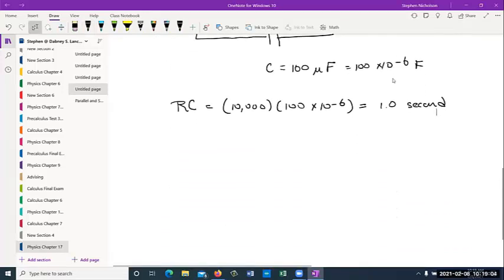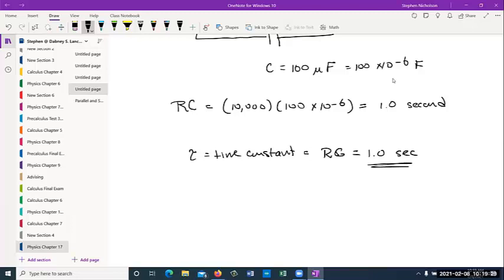So this product of the resistance times the capacitance is called the time constant. What the time constant does is it tells us in general how quickly things occur. So our time constant is R times C. That's how you calculate it. In our case, it's 1 second.